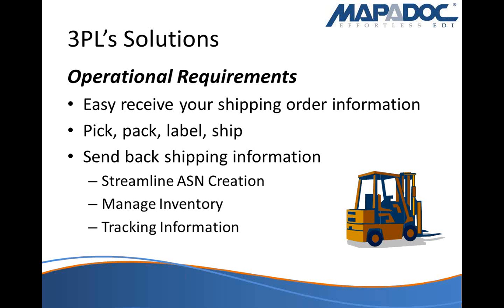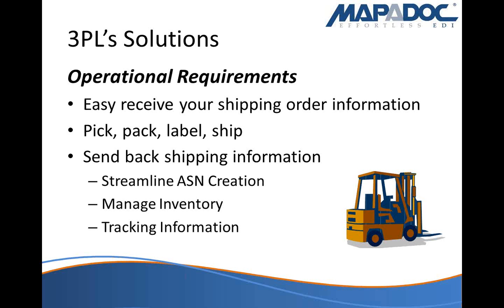Third-party warehouses, or 3PLs, are a critical component of your business relationship with your customer, and they must meet your trading partner's business requirements and support those processes with technical capabilities. To meet these operation requirements, your 3PL or warehouse needs to be able to receive orders, receive order information with detail about what to ship.